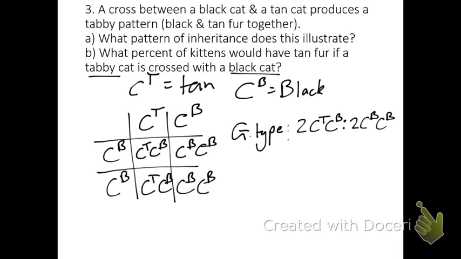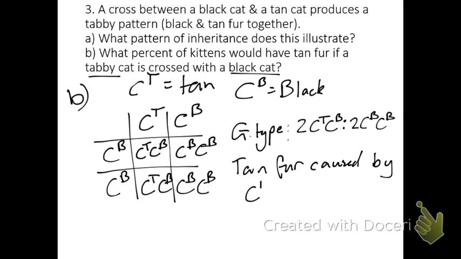So okay, we've already answered A. This is B. This is all answer to B. What I would write is that the tabby, again, this depends on how many points the question is worth. Tabby fur, so we want tan fur. Tan fur caused by CT, no, CT.